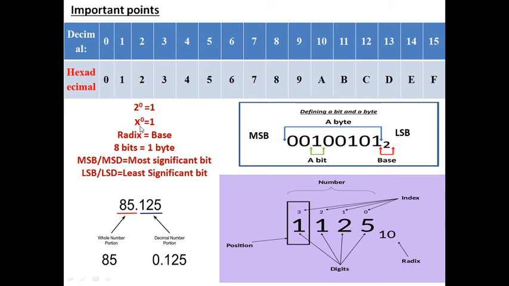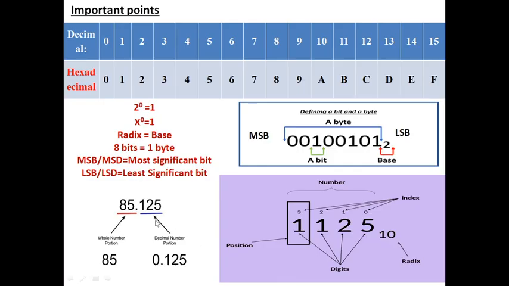So that's why I've written x raised to 0 is equal to 1, and it is not 0. Radix is also called a base. MSB or MSD, most significant bit or most significant digit. Least significant digit or least significant bit.